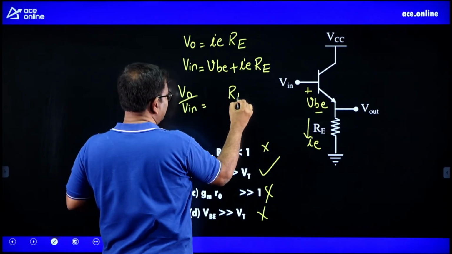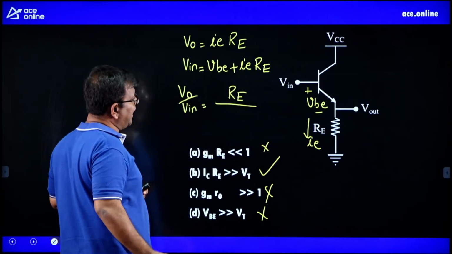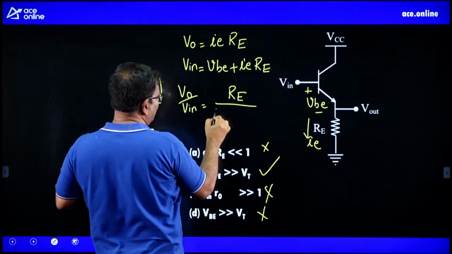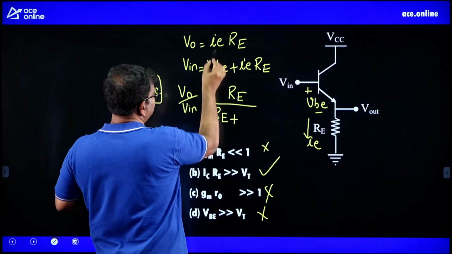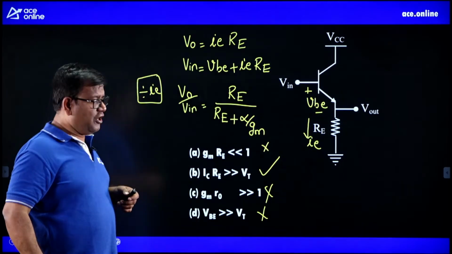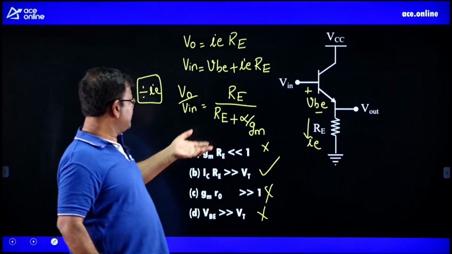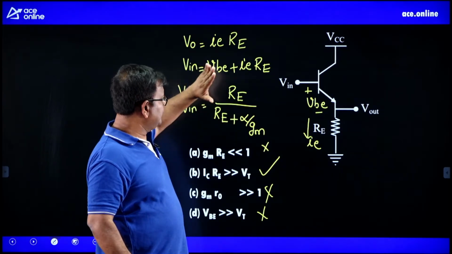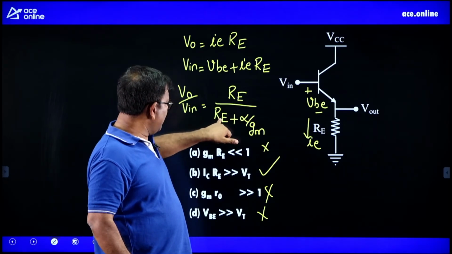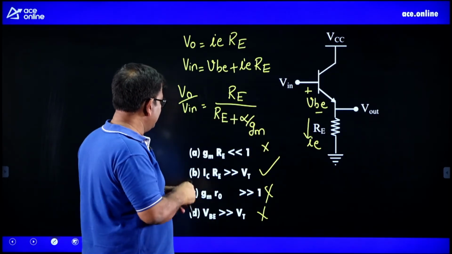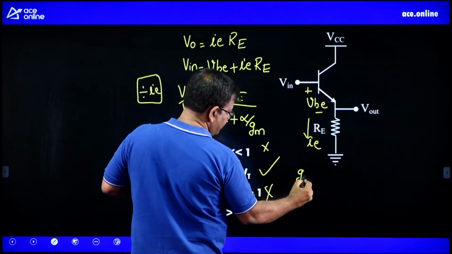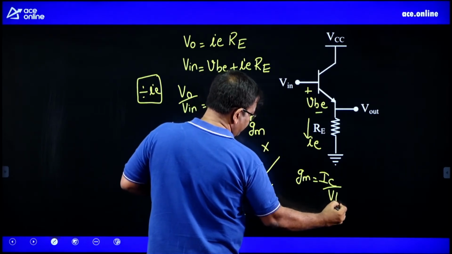Now you divide both numerator and denominator by IE. So you are going to get Re by Re plus Vb by IE, which is alpha by gm. Now what he says is, suppose you want this output to be close to 1 because it is an emitter follower, then this Re should be much greater than 1 by gm or alpha by gm. And what is gm? gm is IC by Vt.